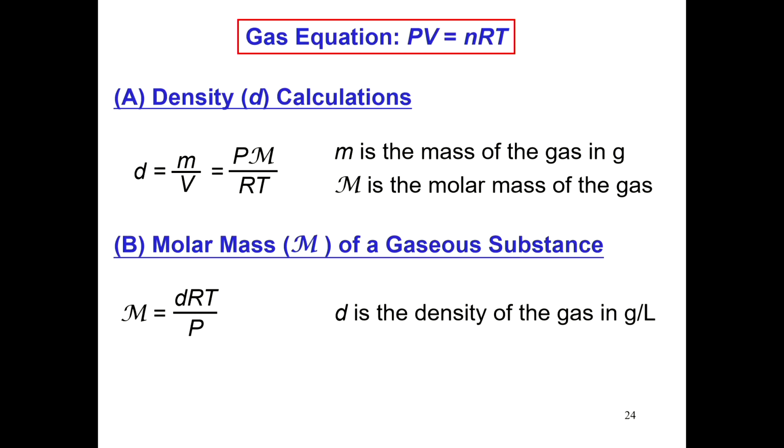So we can use this equation to calculate the density of the gas. And if we know the density of the gas, we also can calculate the molar mass of the gas.